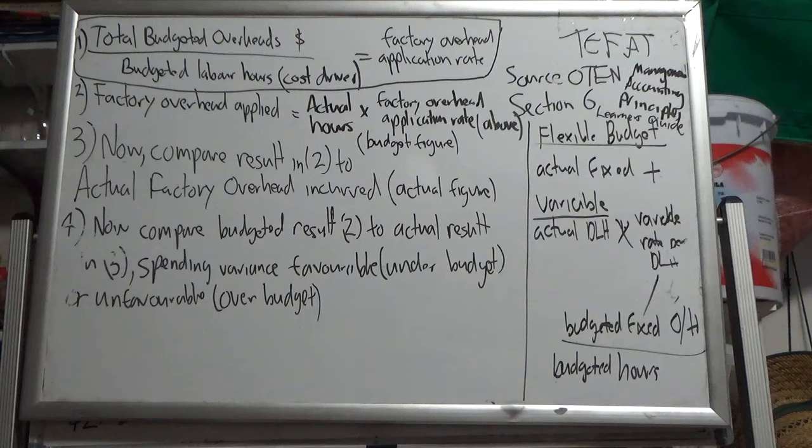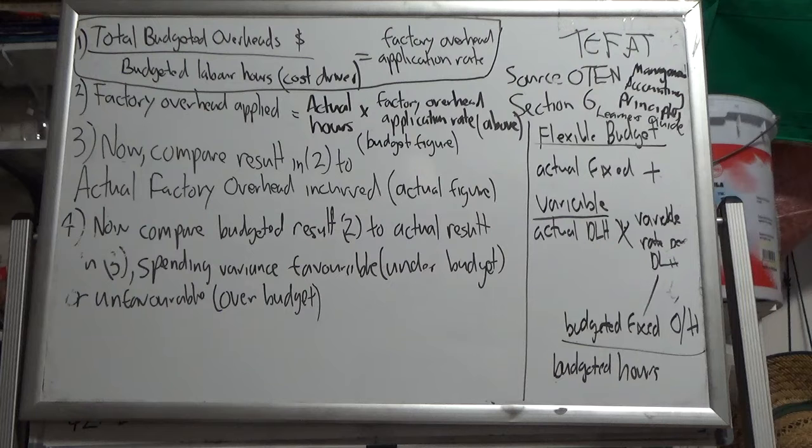Now what you've got to do is set a flexible budget at actual hours. You know the fixed factory overhead, and you've got to find the variable now, and that's actual hours multiplied by a different rate. This rate is your variable rate per direct labour hour.